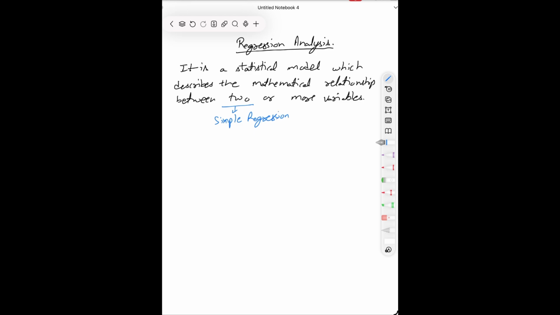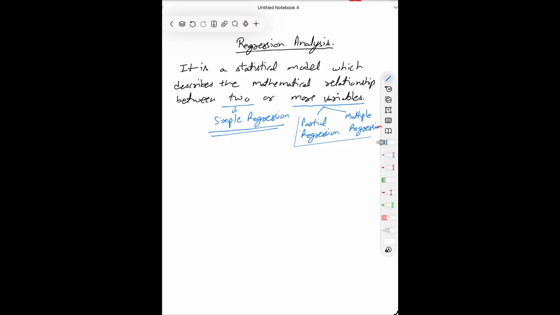But if there are more than two variables, then it might be the case of partial regression or multiple regression. But for the scope of this chapter, we will be discussing only simple regression. The partial and multiple regression will come into picture at a later stage.